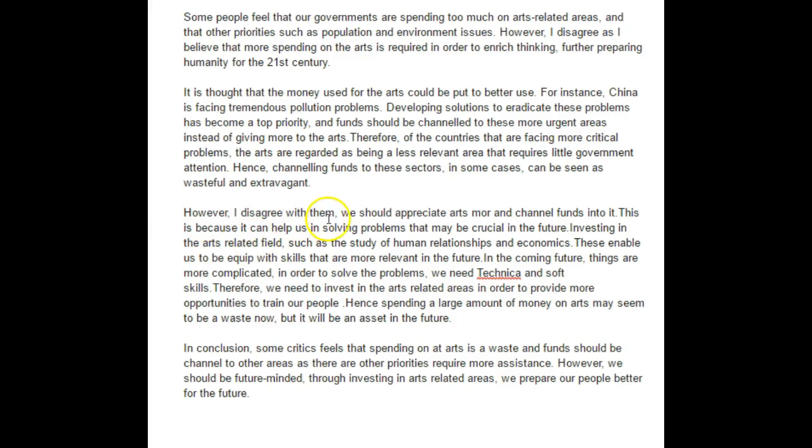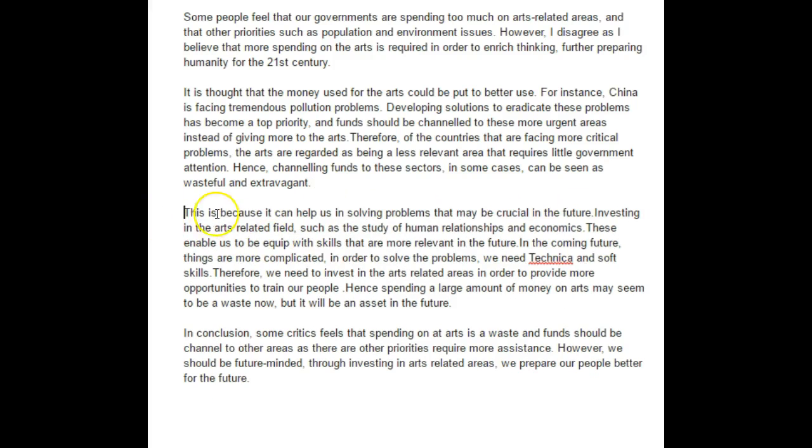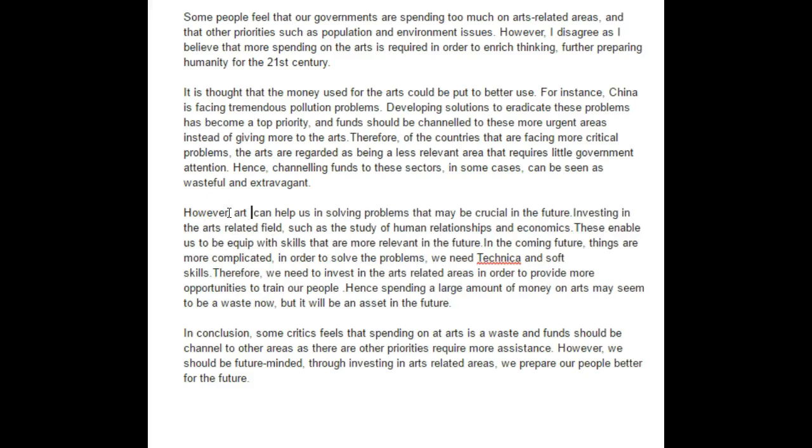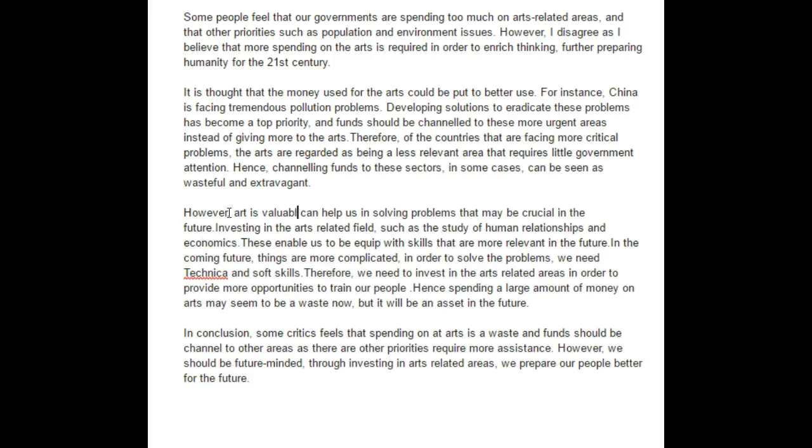However, I disagree. Let's start with the argument rather than the opinion. Let's save the opinion for the intro and the conclusion. So here, however, art is valuable as it can help us in solving problems that may be crucial in the future.